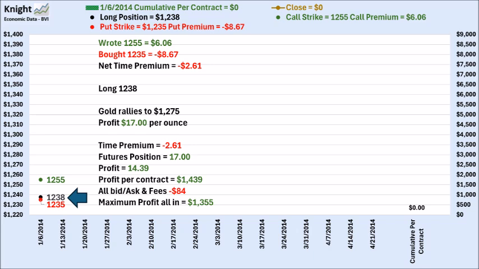Now let's look at the upside for this collar 1238 long. Let's assume gold rallies to $1,275 an ounce at expiration in 1 week. Our $1,238 long position is going to be called away at $1,255, making us $17 per ounce or $1,700 per contract.